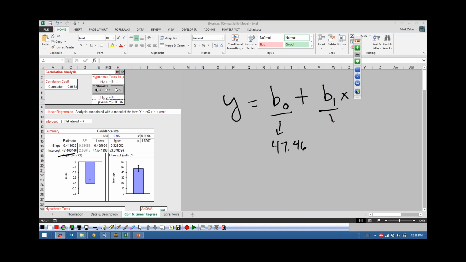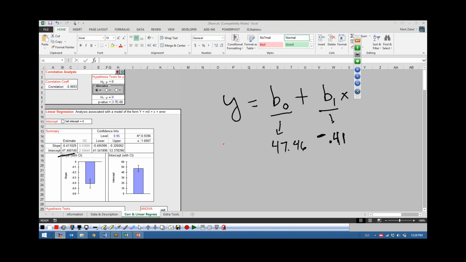Slope estimate. It came up with this as minus 0.411. There's our negative, minus 0.411. So essentially that says for every mile per hour I go faster, I lose about 0.4 of a mile per gallon. That's what that says.